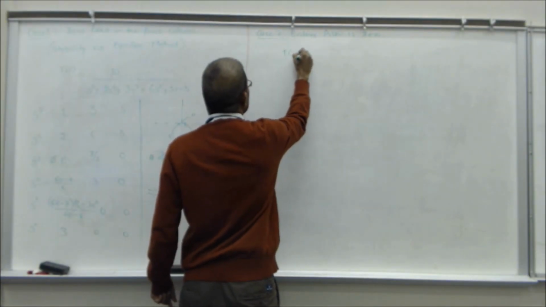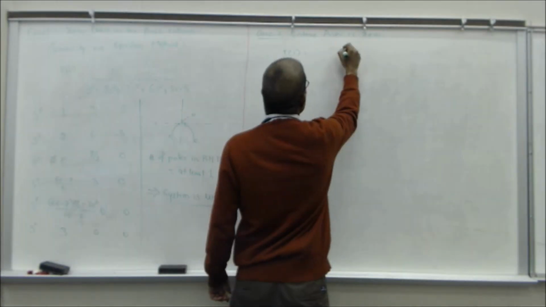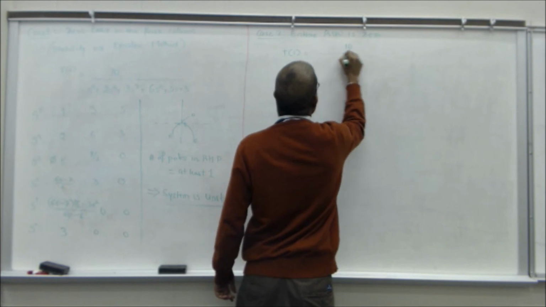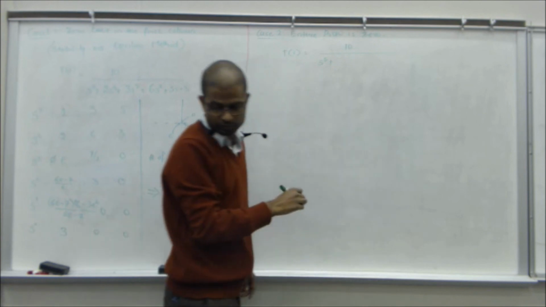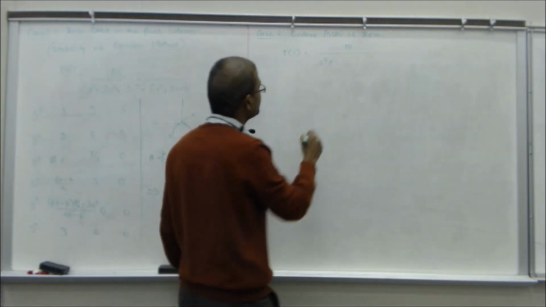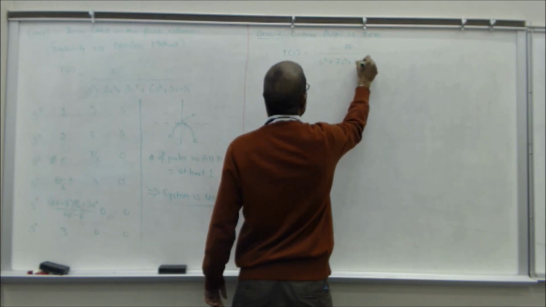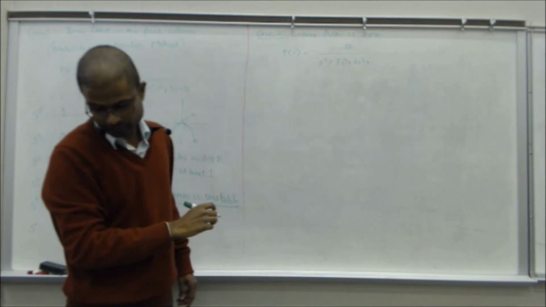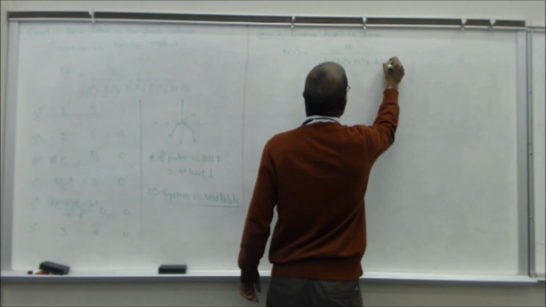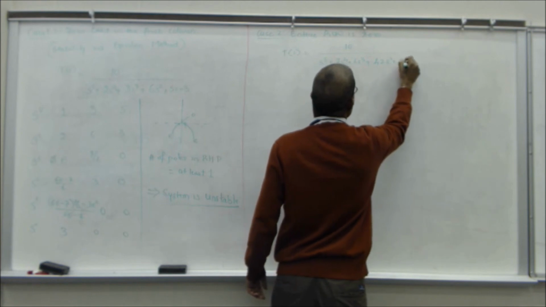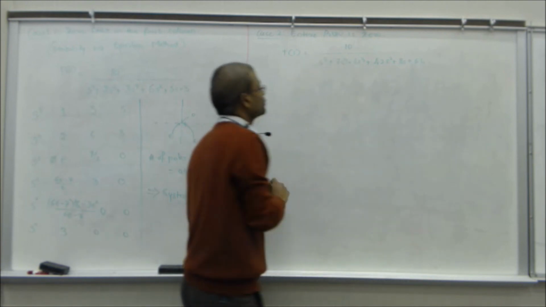This is T(s) equal to 10 over s to the power of 5 plus 7 s to the 4 plus 6 s cubed plus 42 s squared plus 8 s plus 56. This is given to you.